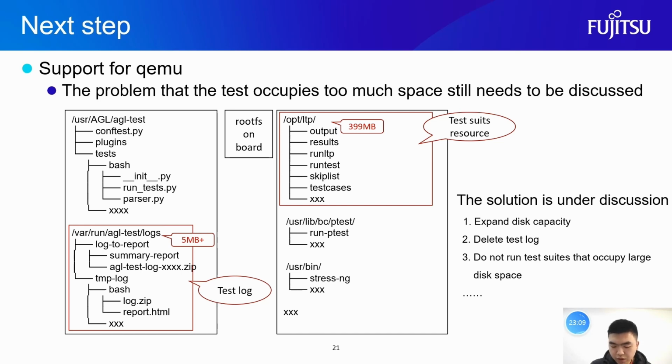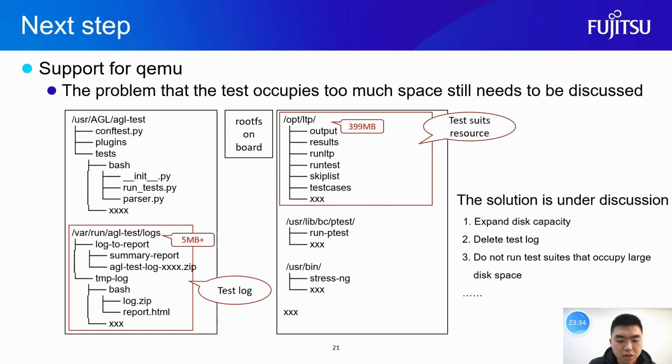The LTP file takes up 399 megabytes of space. And with the fact that only about 450 megabytes is still left in the QEMU image, at this moment, we will soon face the problem of running out of space.